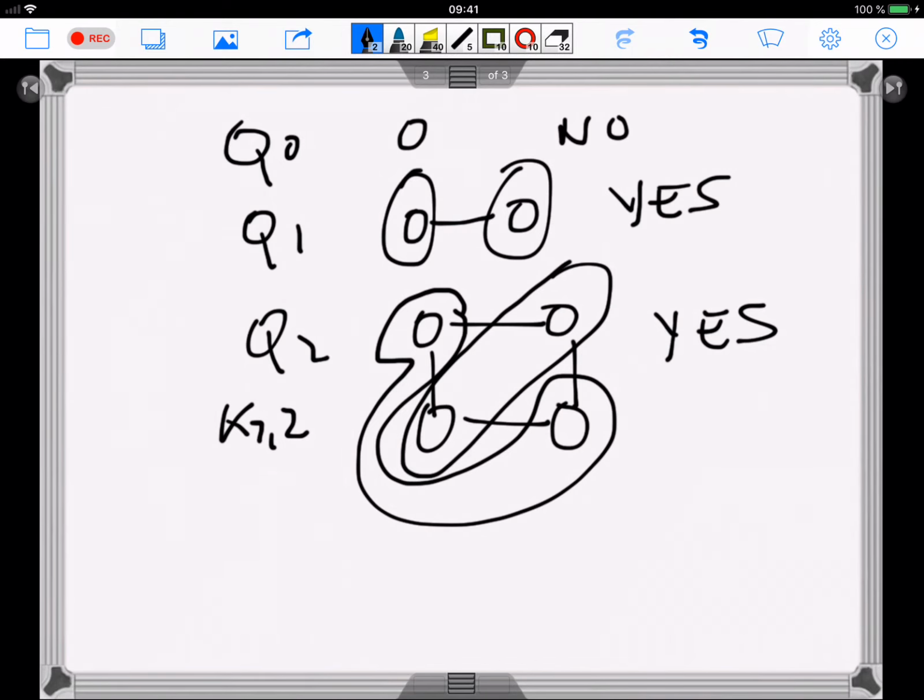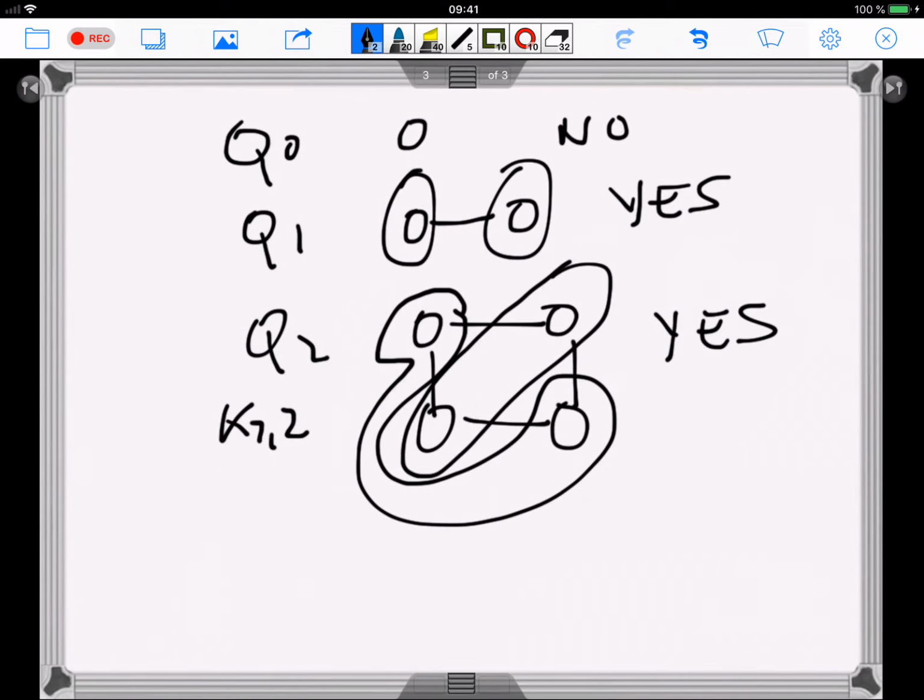Why? Because we are constructing these graphs as copies of two graphs, and then we connect one copy to the other. Okay? So we can prove by induction that there are no cycles of odd length.